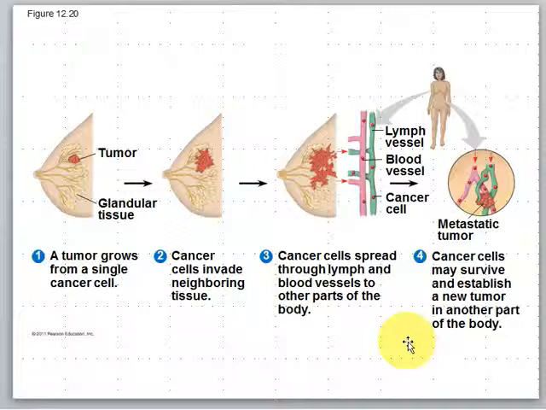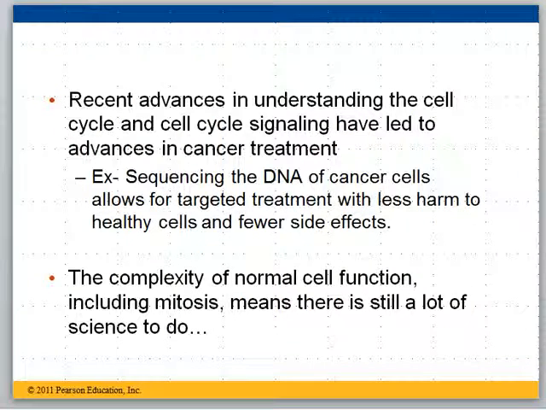And that would be the most dangerous thing that could happen, because it's very much more difficult to treat a cancer that has metastasized than it is to treat a benign tumor like this.